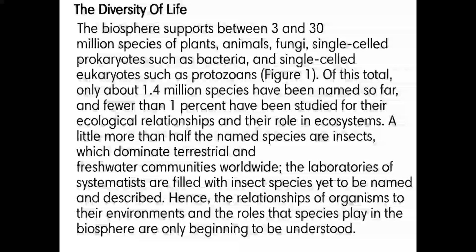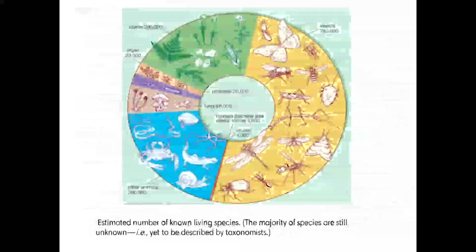A little more than half the named species are insects, which dominate terrestrial and freshwater communities worldwide. The laboratories of systematics are filled with insect species yet to be named and described. Hence, the relationships of these organisms to the environment and the role that species play in the biosphere are just beginning to be understood.